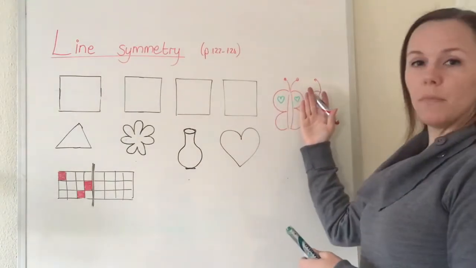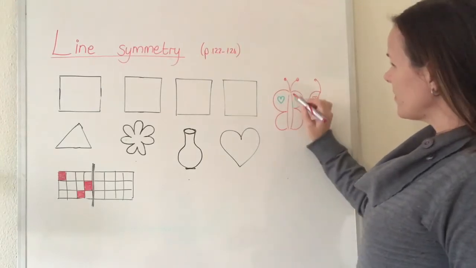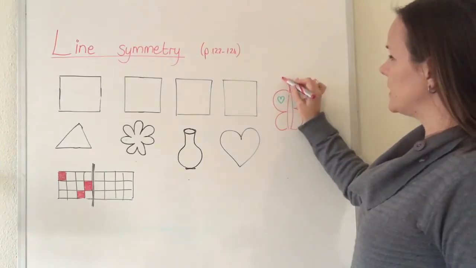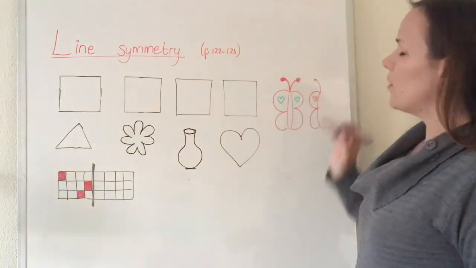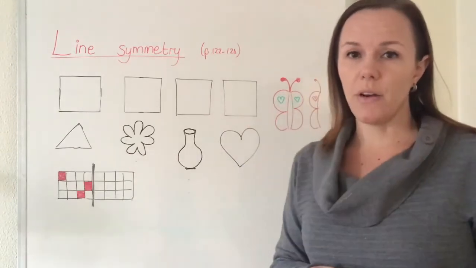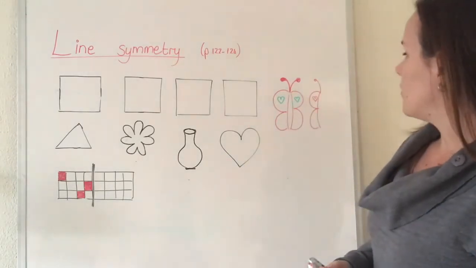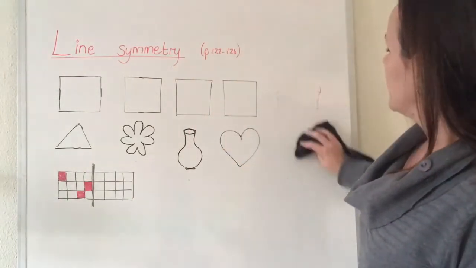It's the mirror. So if this feeler went to the left on this side, then it will go to the right on that side. That's what I mean by it's the mirror reflection or the mirror view of it. Okay, so let's look at these shapes.